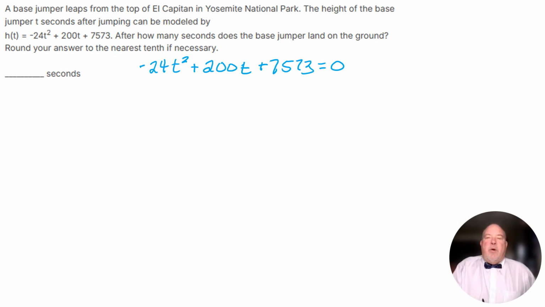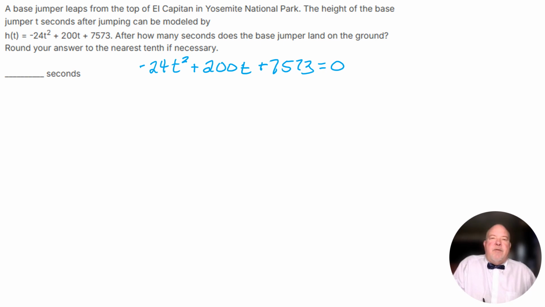And again, this is a quadratic function, and the way you solve quadratic functions is typically by factoring them. But these are some really big numbers, and I think that would be pretty tough for most people to do. So what I'm going to do instead is use the quadratic formula. Before I do that, let me write the standard form of a quadratic.